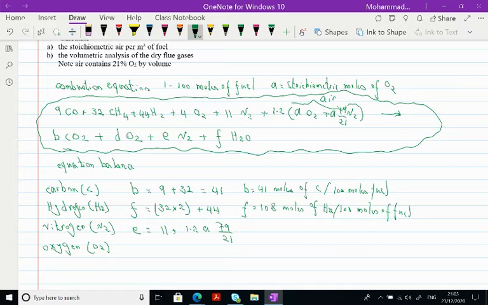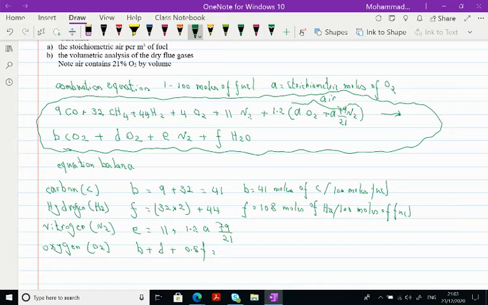And on the right hand side of the equation we have B plus D plus 0.5 F. This is all the coefficients we have on the left hand side.